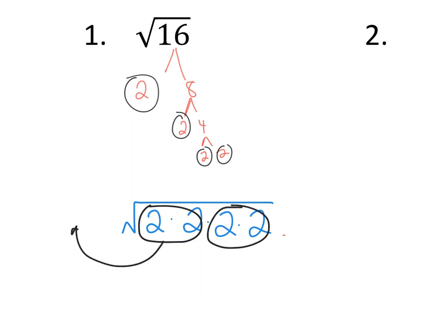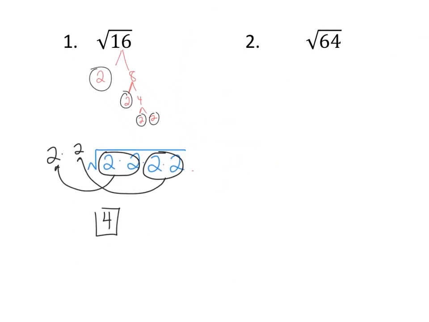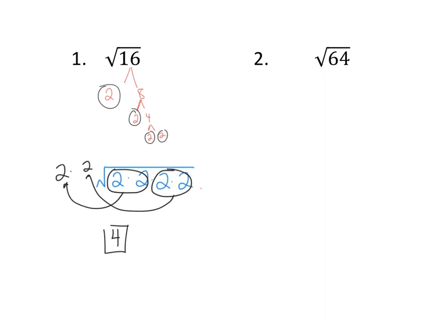I now bring 1 out. 1, 2. What's 2 times 2? 4. That's basically saying the square root of 16 is 4. Another way I could have done this question, what times itself is equal to 16? 4.